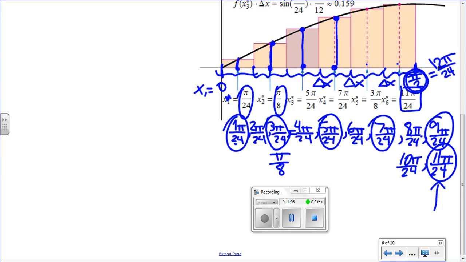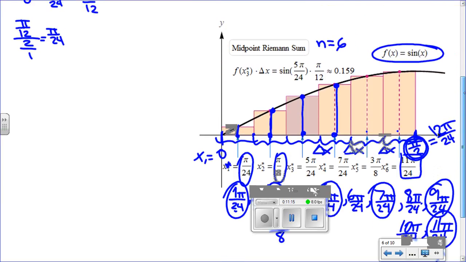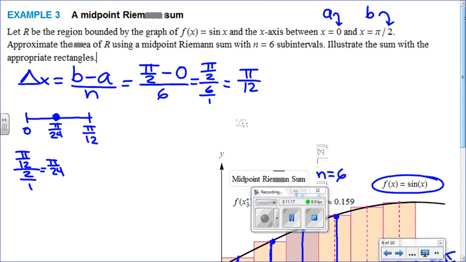So now the way we're going to set up this problem, don't be afraid when you see those little symbols. That will just be the midpoint of the first rectangle, which we already established is pi over 24.